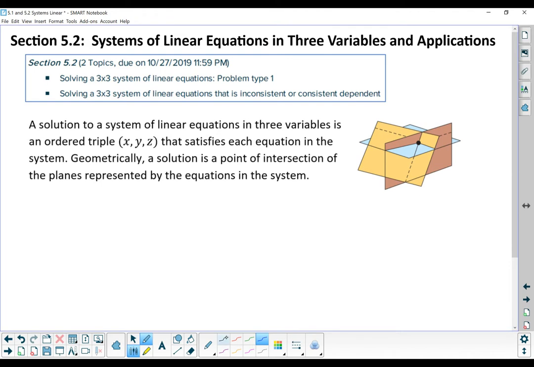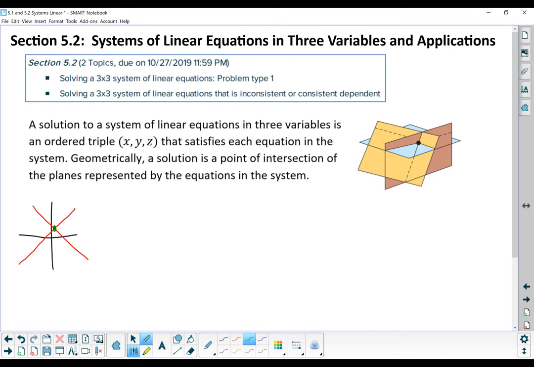So last time we talked about that if we had a system of 2 equations with 2 variables, we can think of it visually as 2 lines, and we're searching for their intersection point if it exists.